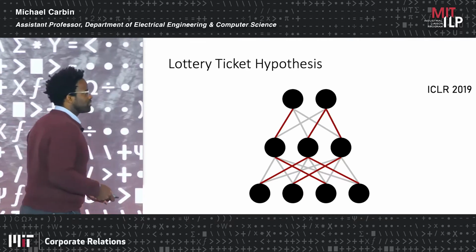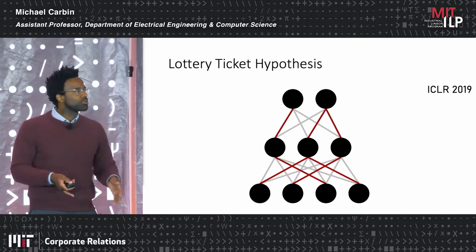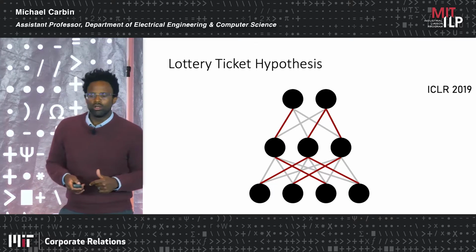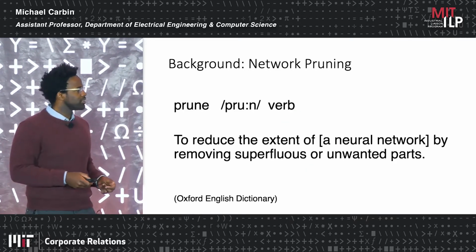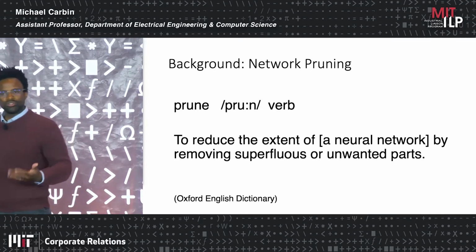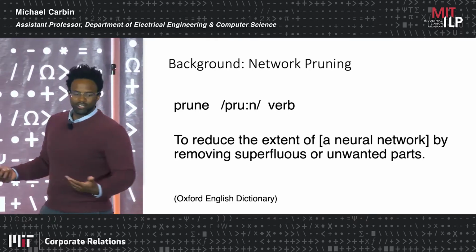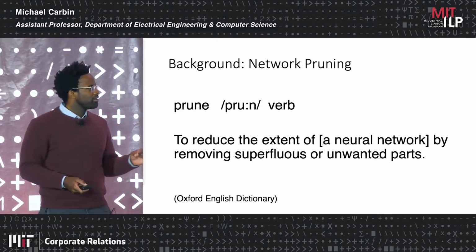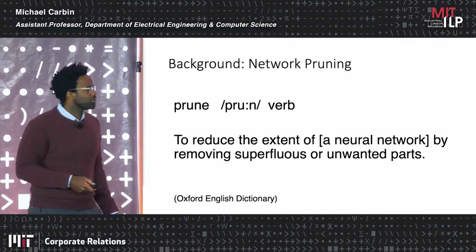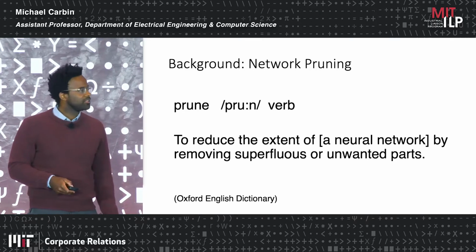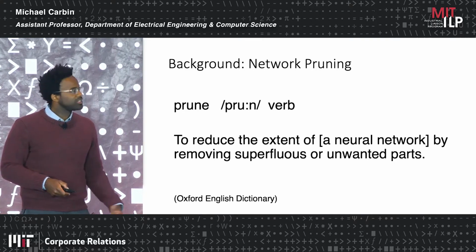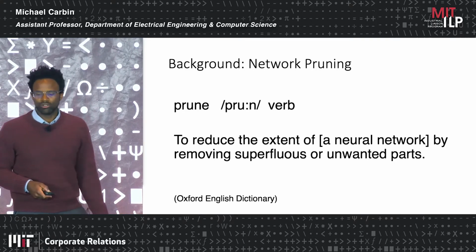Now, to explain this and give a little tutorial on pruning, because that's where we derive some of our techniques and get to our ultimate observation here. The core idea behind pruning is that we want to reduce the size, the extent, the weights of a network by removing superfluous or unwanted parts. I'll start to define this a little more in a few slides. But this actually has quite an old history inside of neural networks.